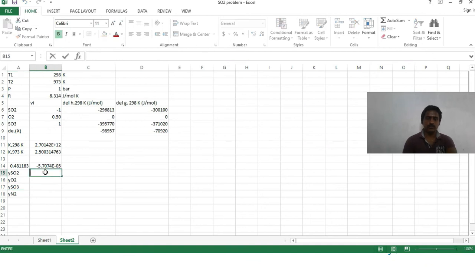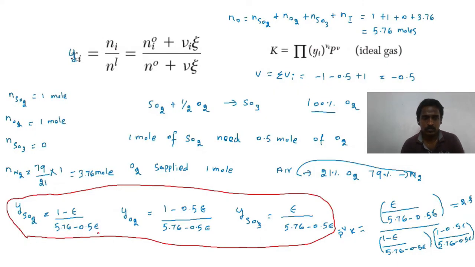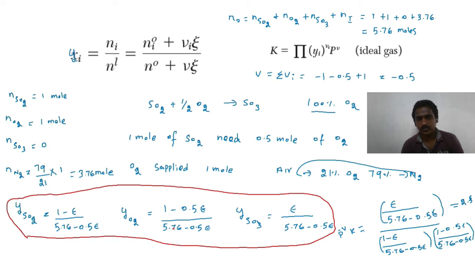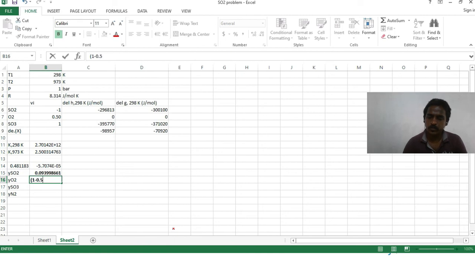y_SO2 is nothing but 1 minus epsilon divided by 5.76 minus 0.5 multiplied by epsilon, close the bracket. y_O2 is 1 minus 0.5 epsilon divided by 5.76 minus 0.5 multiplied by epsilon.